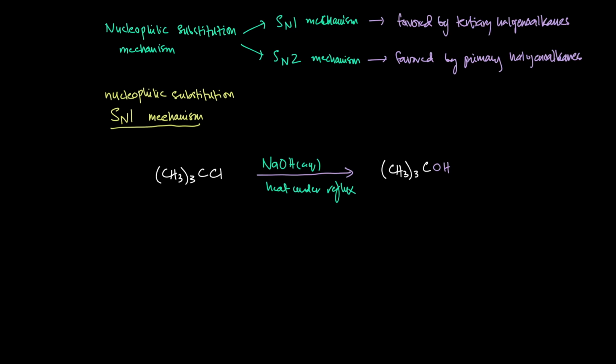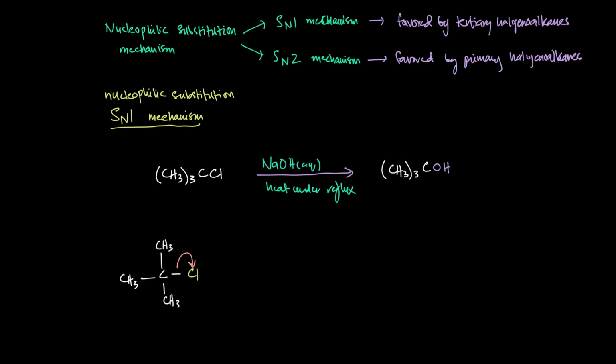Now let's look at the mechanism and how it takes place. In the first step, we have a chlorine atom, and we have three methyl groups on this carbon atom. This is our starting reactant. What happens in the first step is heterolysis of the carbon-chlorine bond.